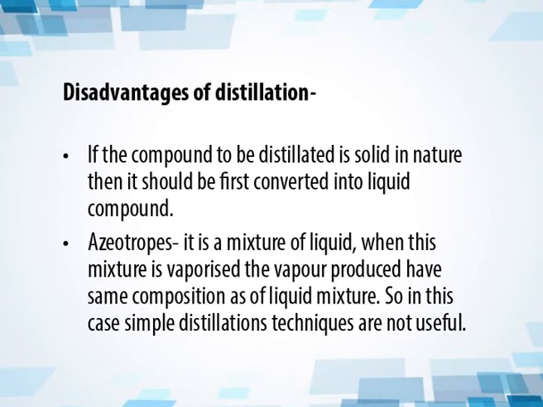If the compound to be distilled is solid in nature, then it should first be converted into a liquid compound. Next, azeotropes. An azeotrope is a mixture of liquids. When this mixture is vaporized, the vapor produced has the same composition as the liquid mixture. So, in this case, simple distillation techniques can be of no use.